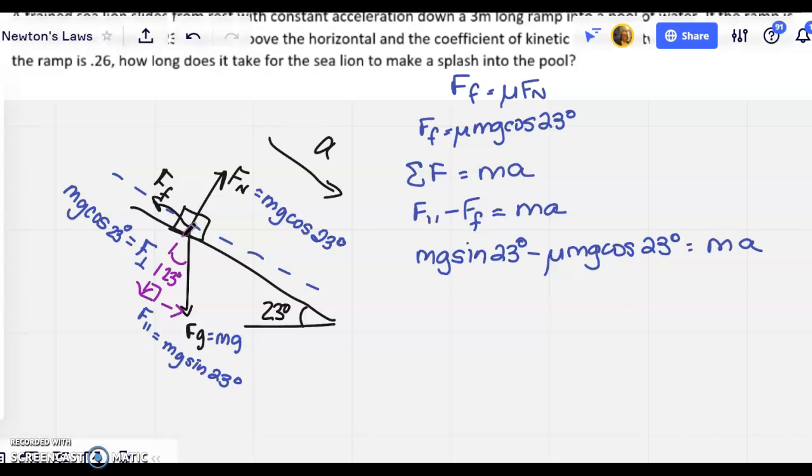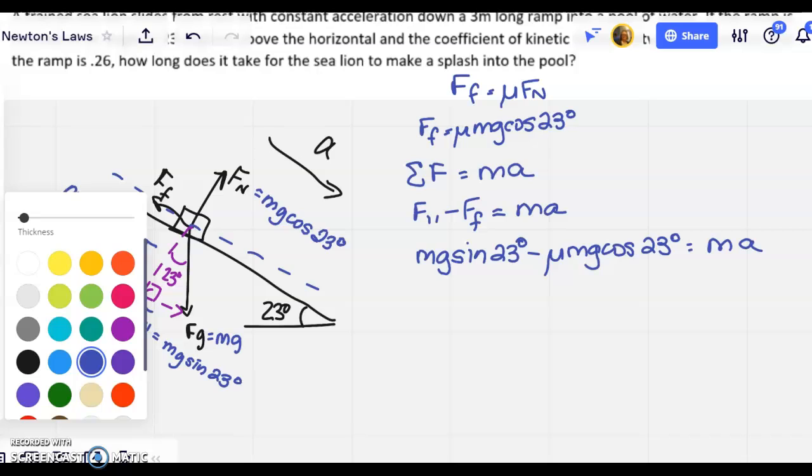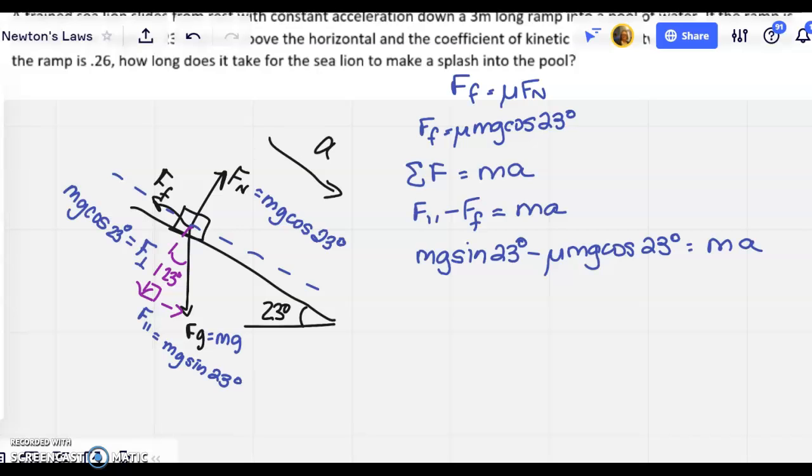is equal to m times a. Now we weren't given the mass of the sea lion, but if you look, you have mass here, here, and here, and because it's in every part of the equation, we can factor it out, divide, and get rid of it. And so now I can plug in numbers that I know and solve it.